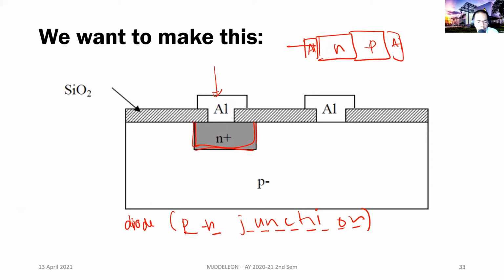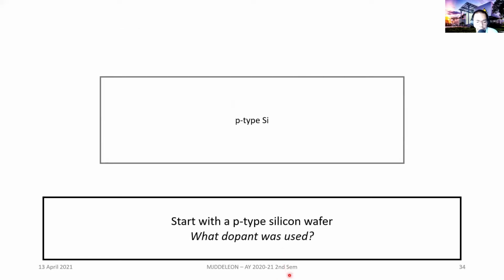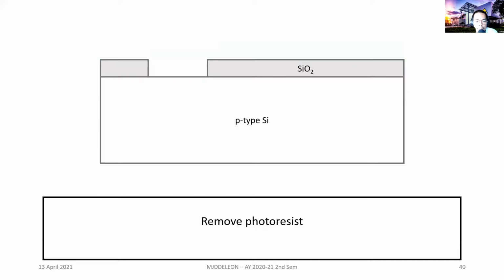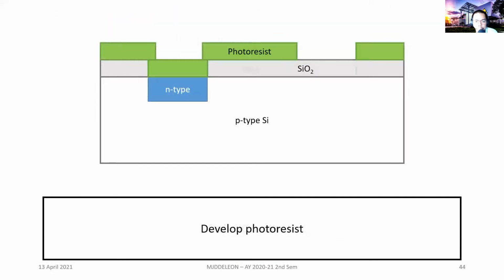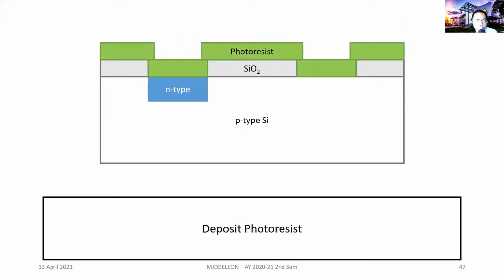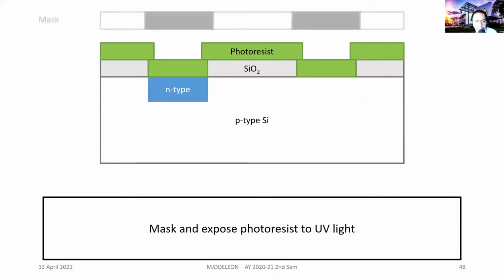So, to do that, after we've done yung ating ancillary steps kanina, we repeat it. So, we put photoresist.